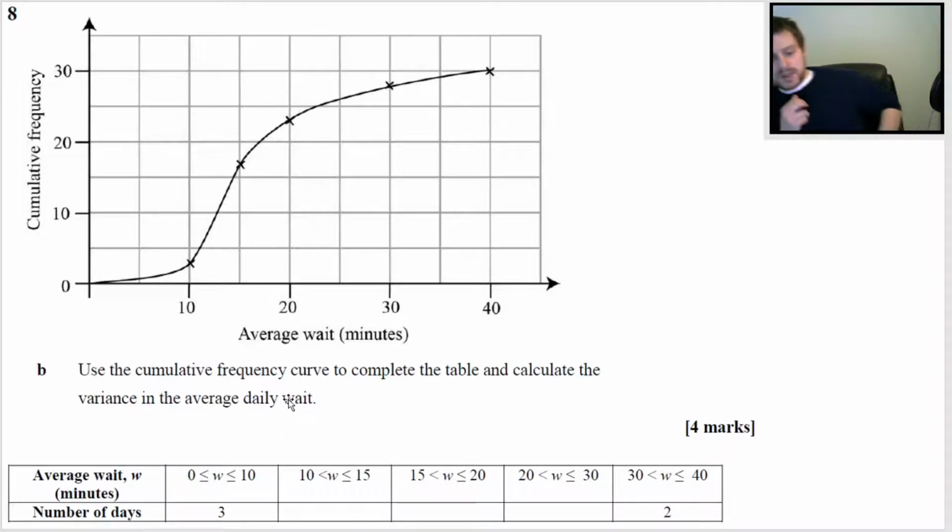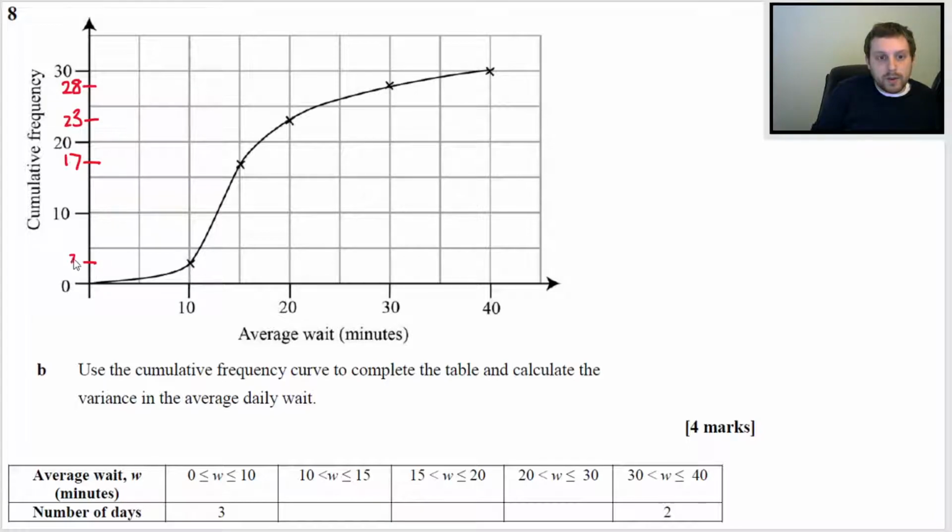And then this question, it's a horrible scale. Very difficult to see what's going on. But basically, if we're being as careful as we can be, we would establish that this is 28 to there. This is 23. This is 17. And this is 3.